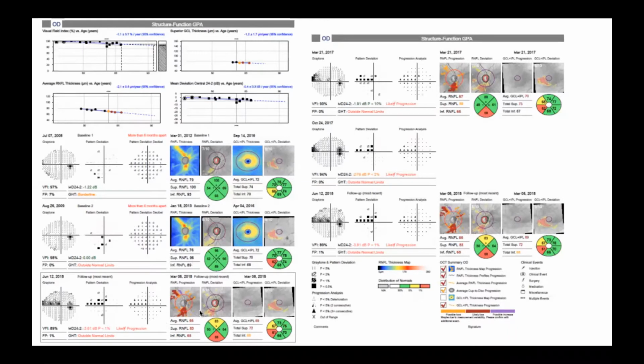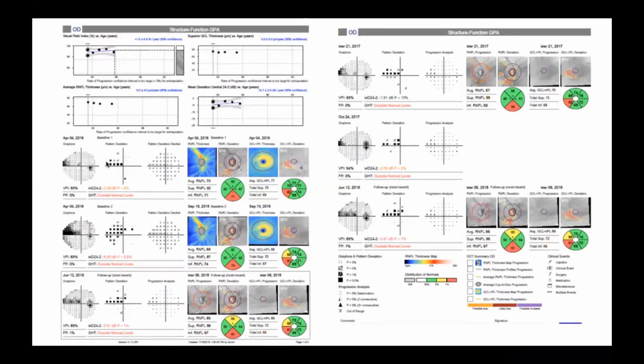We can see that change in our nerve fiber layer thickness here in an event analysis here in our visual field. And if we then re-baseline that patient, we now see a much more flat slope of our nerve fiber layer thickness, of our mean deviation. We no longer see those flags that are telling us that we're seeing significant progression since we initiated therapy.